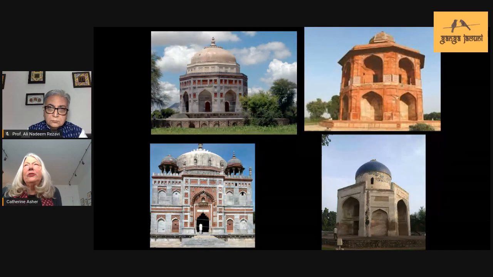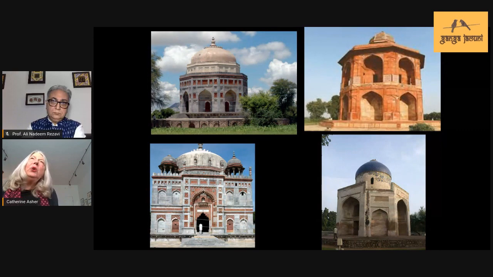And you see an octagonal structure. We see the Sabz Burj in Delhi, of course, again, a Timurid type building. But if we look at the red or pink really and gray facade of the tomb, we can see that it is borrowing from local traditions.